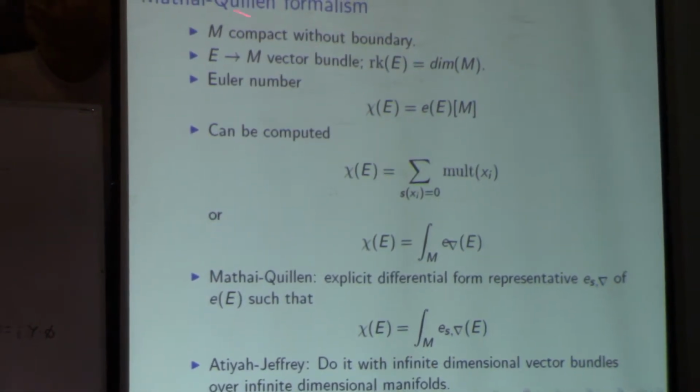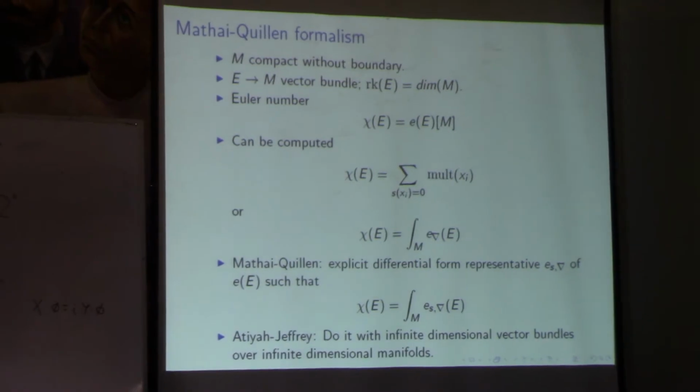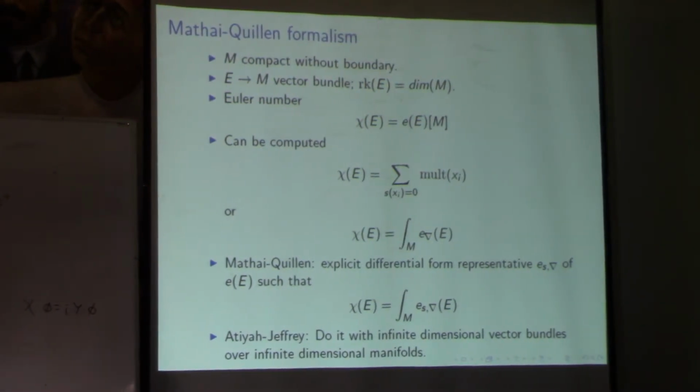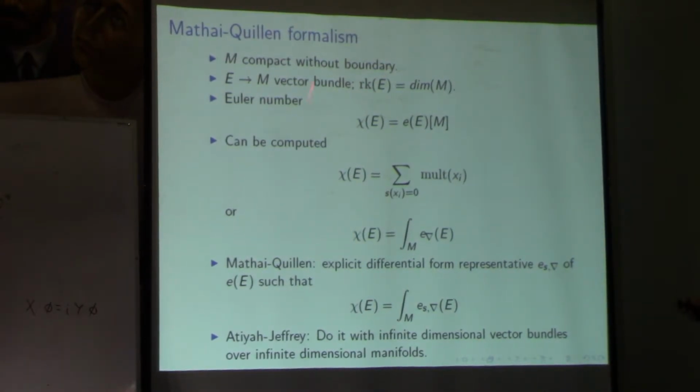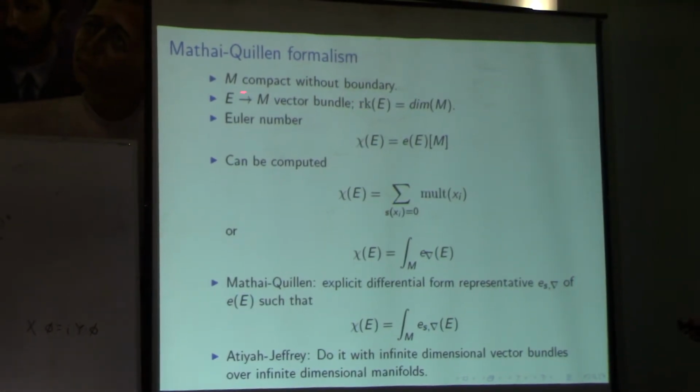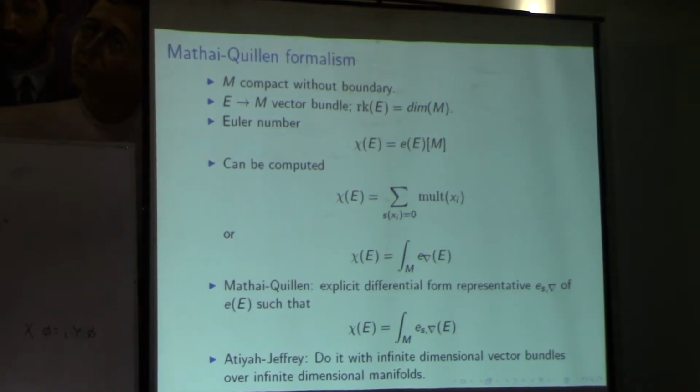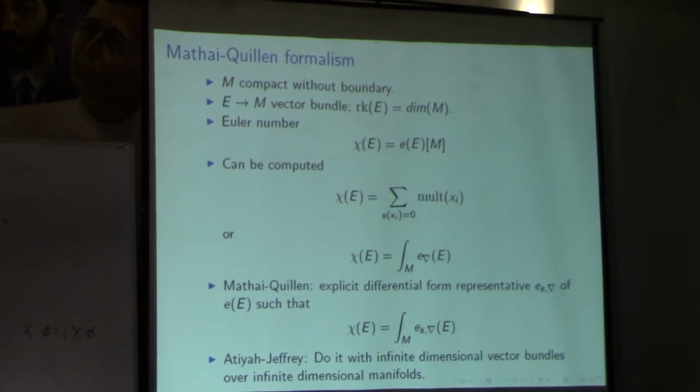So suppose M is compact without boundary. Now, well, let's do it a little bit in general. No, sorry. Before anything else, I want to explain the very little I understand of the Mathai-Quillen formalism. So take a compact manifold without boundary, a vector bundle on it whose rank is the same as the dimension of M. The Euler number of this thing is the Euler class of it evaluated on the fundamental cycle.